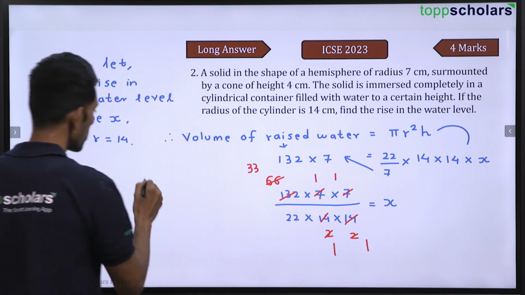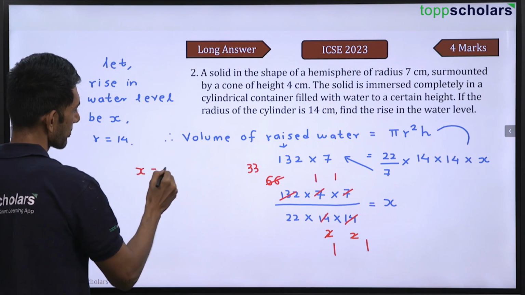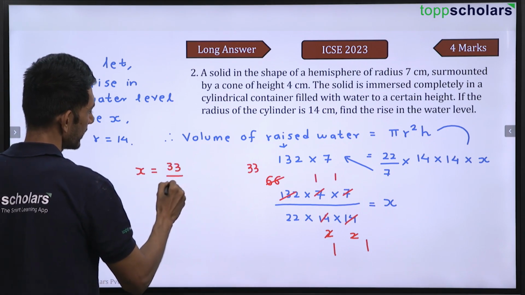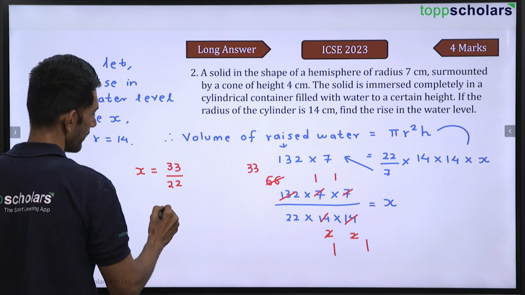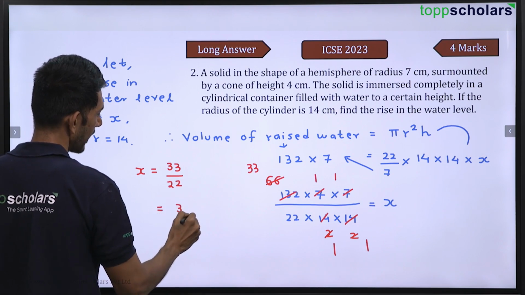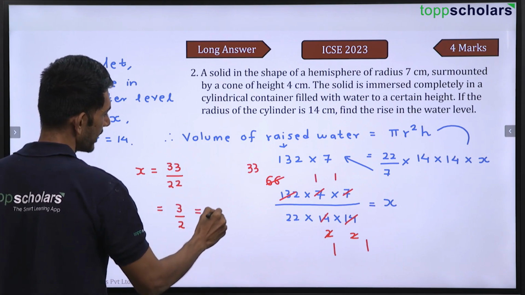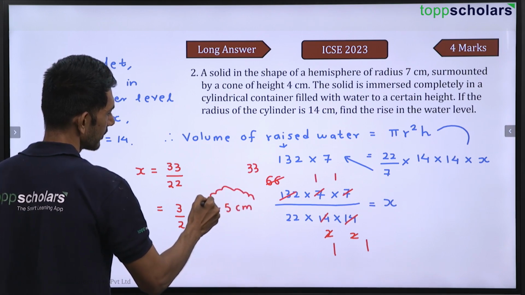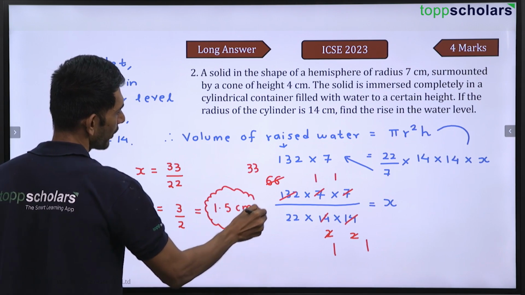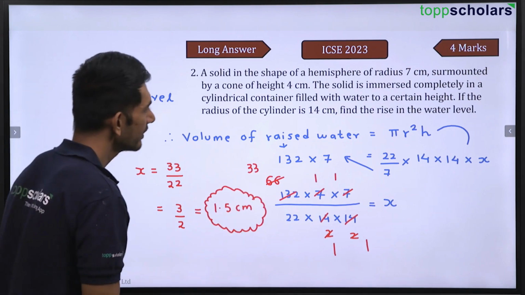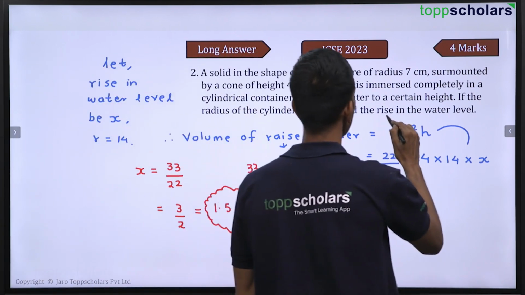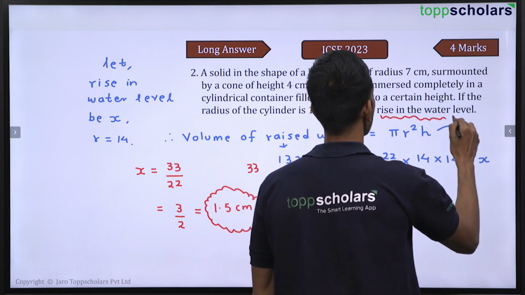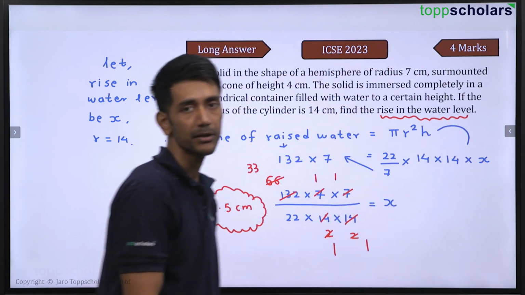So x is equal to 33 divided by 22. If I divide this by 11, I get 3 by 2, and 3 divided by 2 is 1.5 centimeter. So 1.5 centimeter is the rise in the water level. The water level rises by 1.5 centimeter, right?